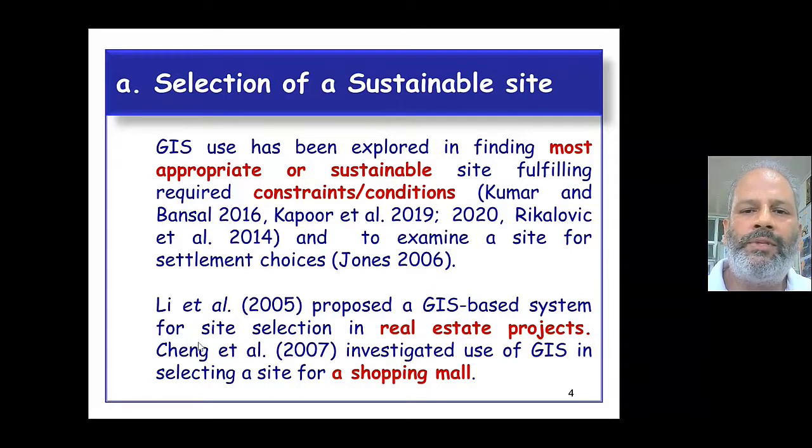Actually, there are so many factors which govern in selection of a site. So GIS provides these multiple decision-making capabilities, and with the help of that, we can take suitable parameters into consideration, and we are in a position to identify the most appropriate or sustainable site that fulfills the constraints or satisfies different criteria.